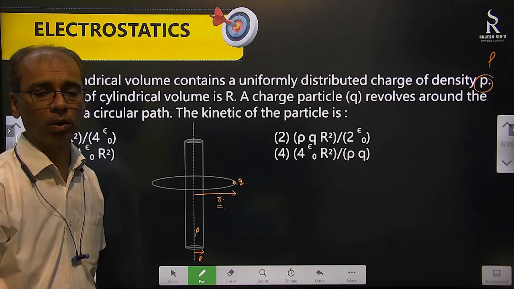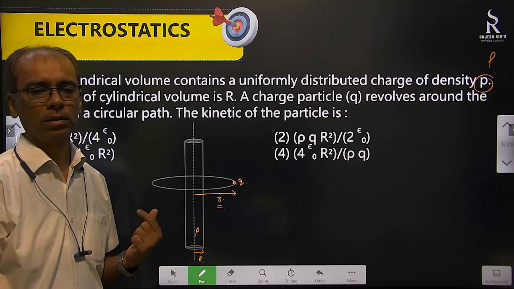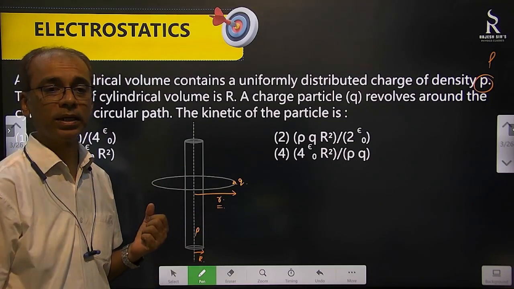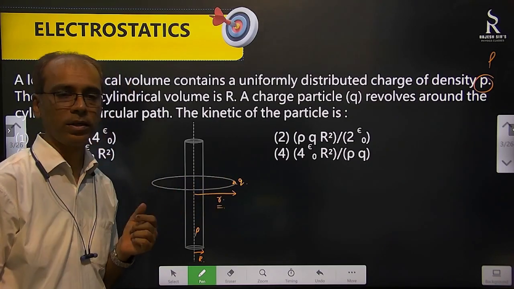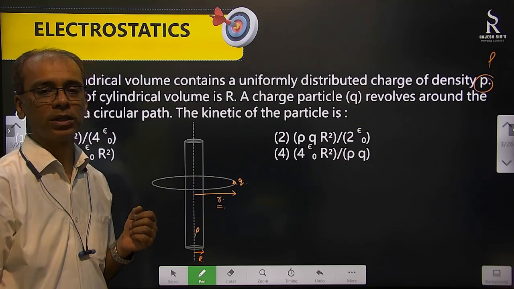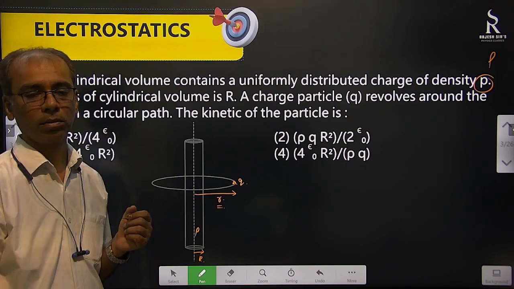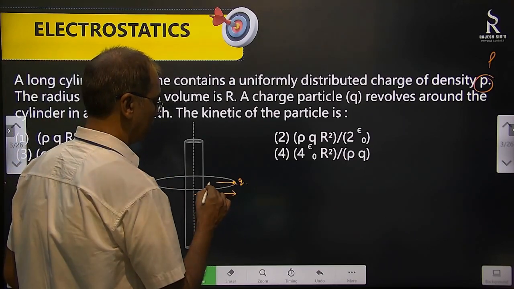So what do we know now? If this charged particle has to move in a circle, for circular motion what is required? Centripetal force. That means there should be some force which is towards the center, which can attract it like this.